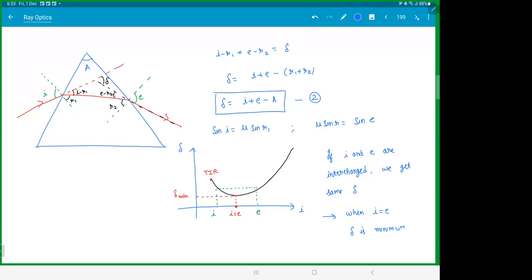This is not a parabola. It's not even quadratic. It's pretty weird, right? Because the moment you start putting these I and E values here, you'll get sine inverse functions on this side. Things get very messy. This much we know, deviation will decrease and increase.